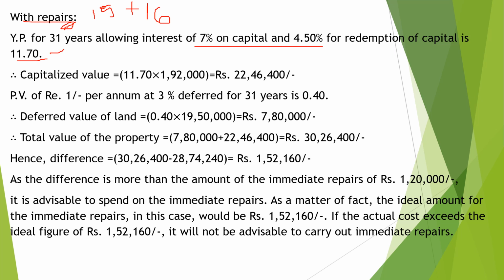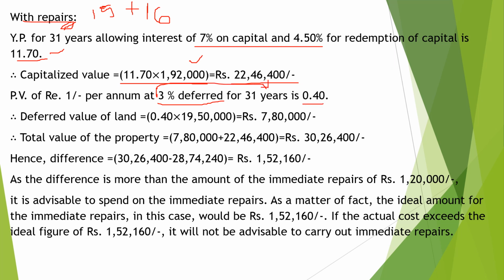11.70 in this case. So capitalized value: 1,90,000, the net rent, multiplied by 11.7, is 22,46,400. So present value factor at 3% for 31 years, its value will be 0.4.